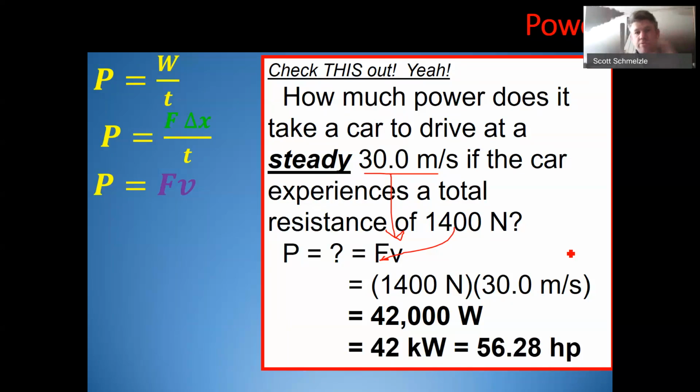Now, please do not feel the need to know the relationship between kilowatts and horsepower, right? That's not something we have to memorize. It just gives you a reference point for this one to be able to say, oh, okay, 56 horsepower is this.